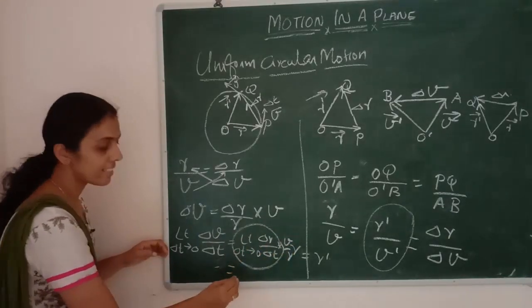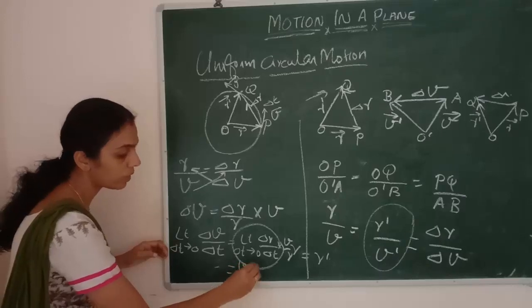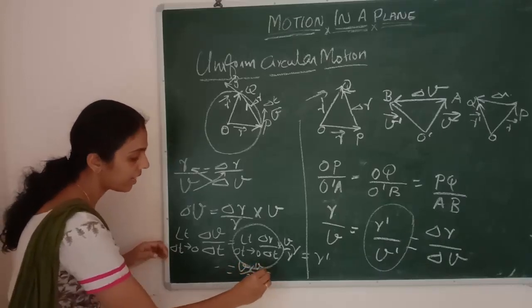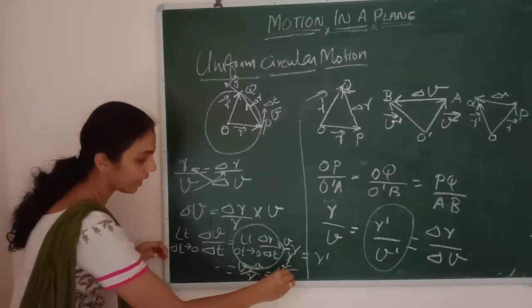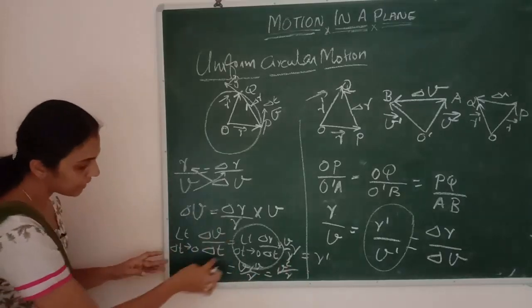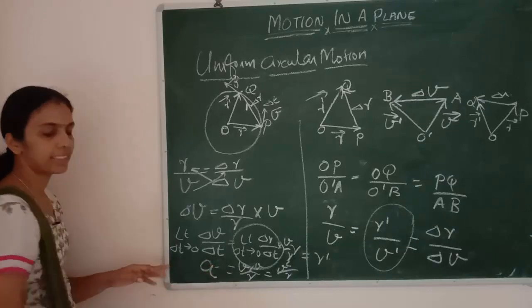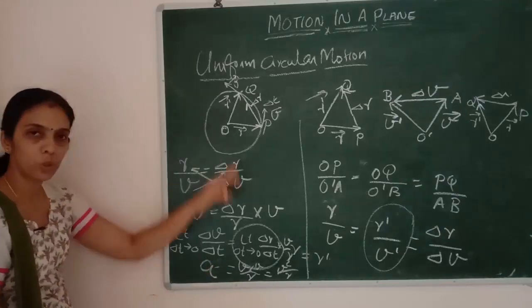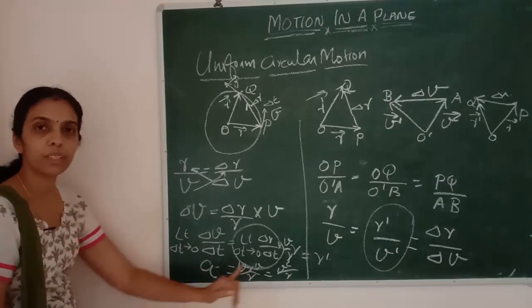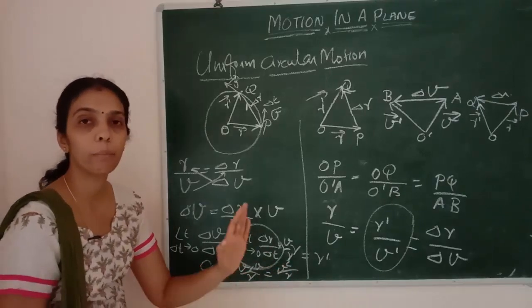It is the instantaneous velocity. So V into V divided by R, that is V square by R. What is limit delta t tends to 0, delta V by delta t? That is acceleration. So in circular motion, the acceleration we got is V square by R.